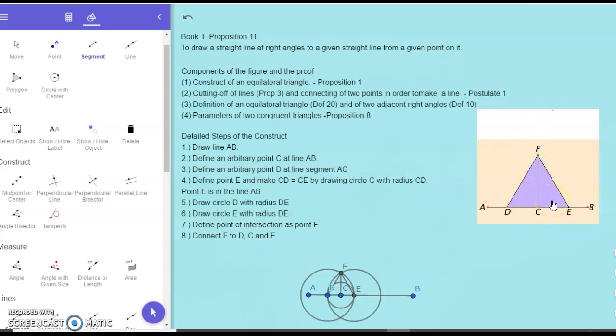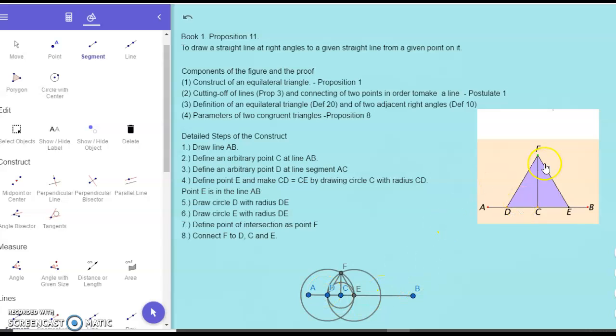So how are we going to do that? We are going to show that triangle DCF is indeed congruent to triangle ECF. So let's now define the three pairs of equal sides.